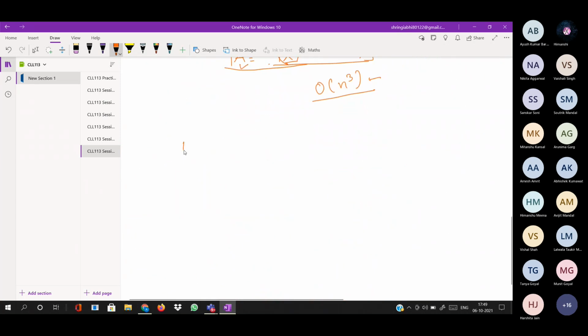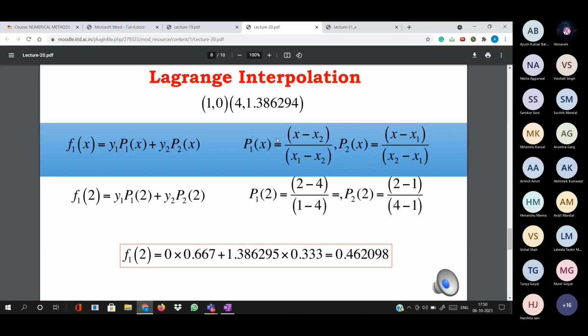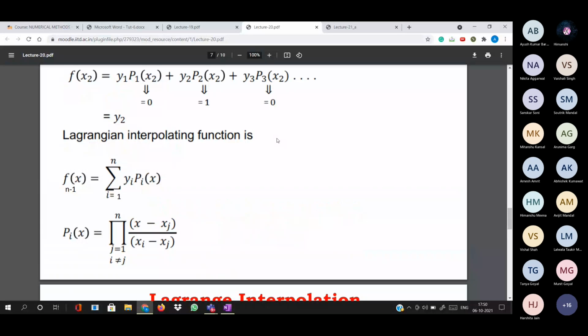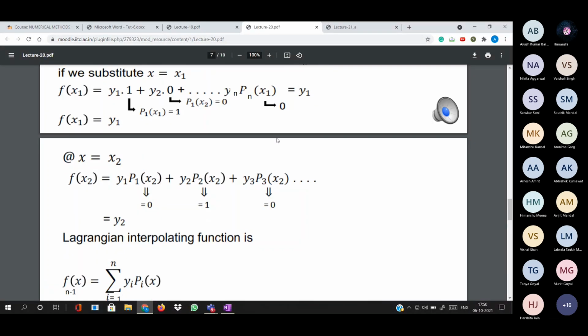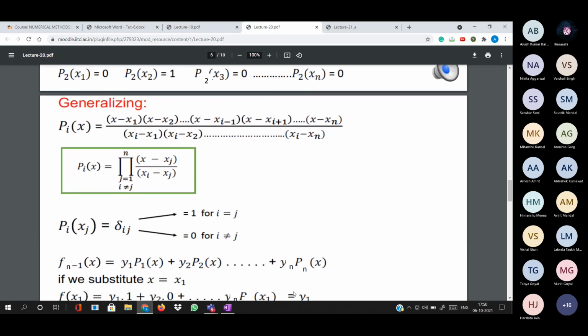One method is Lagrangian interpolation. As Ayush already told in the beginning, this is defined in a particular way.